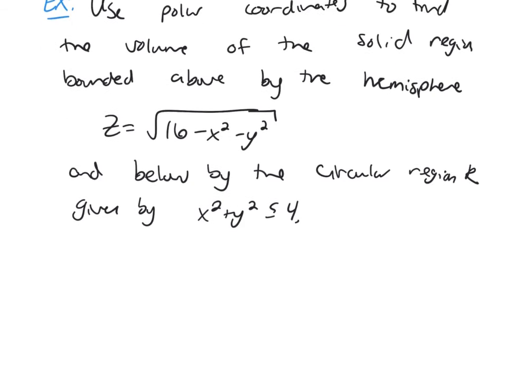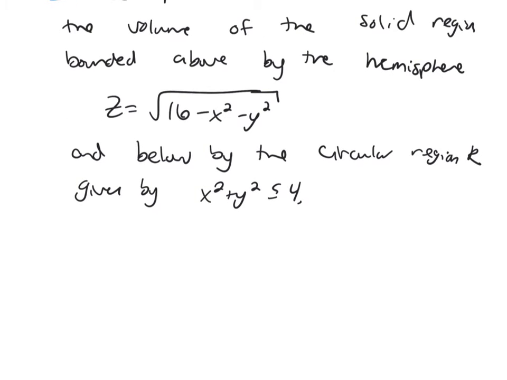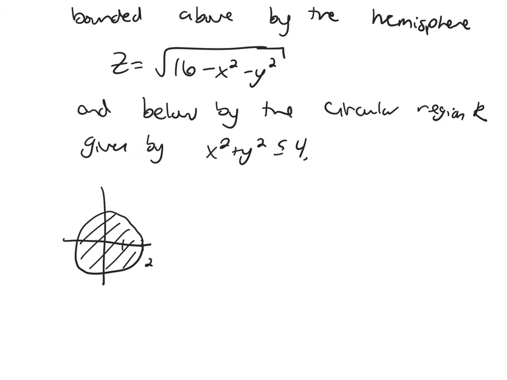So here, let's look at our region R. We're looking inside a circle of radius 2. So we want to describe this region in polar coordinates, right? r is between 0 and 2. Theta is between 0 and 2 pi.